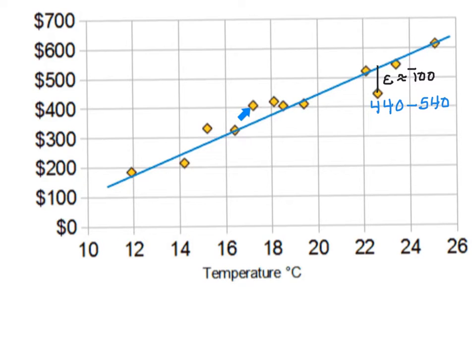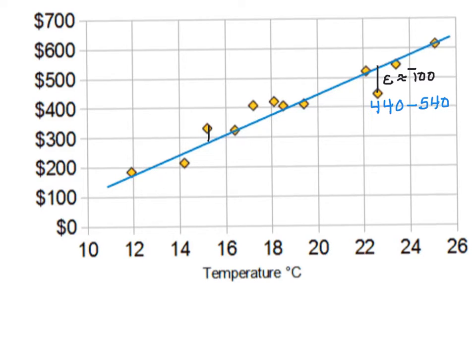Here we have another point that's above our prediction line. To get the error for this line, we draw a vertical line from our point down to our best fit line. There's our vertical line and the line segment. That segment is our error.